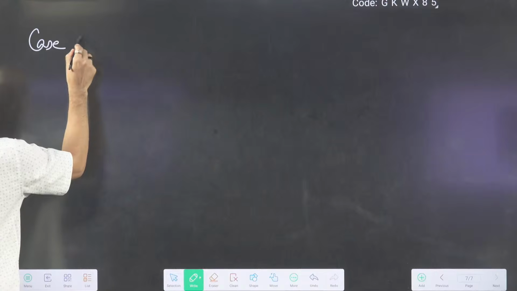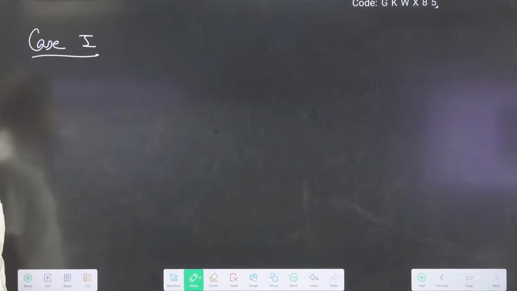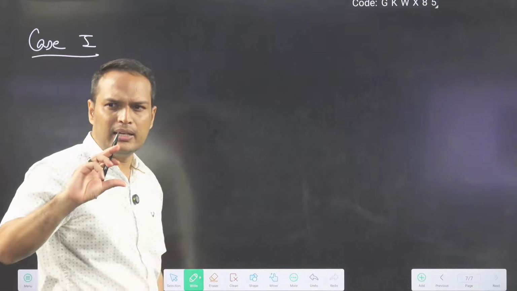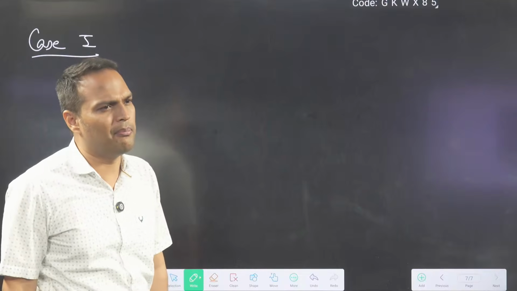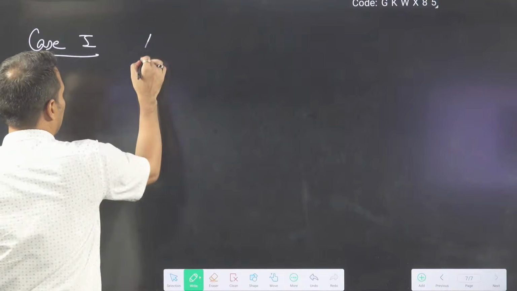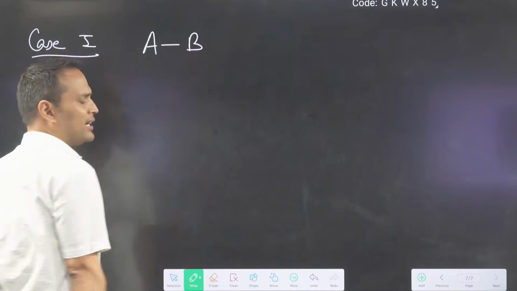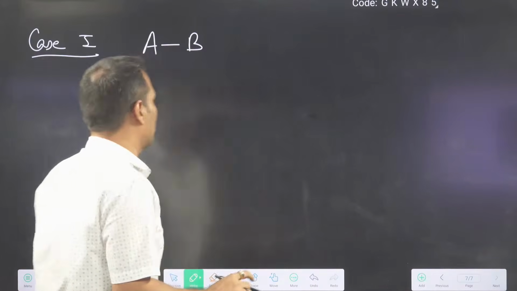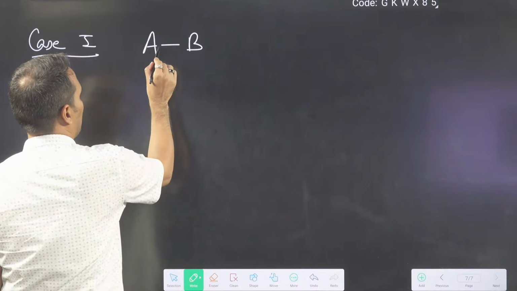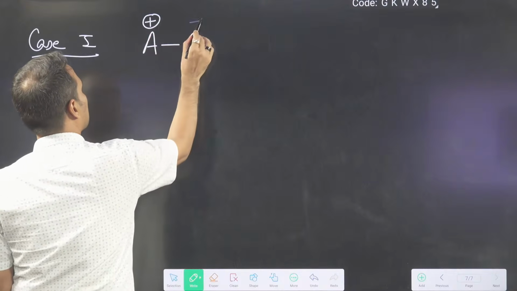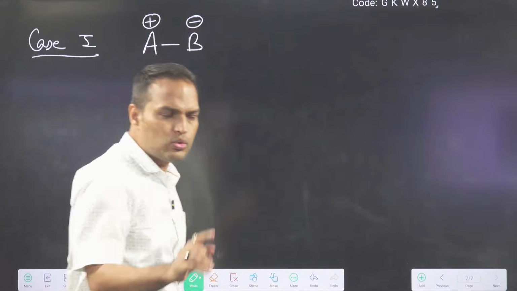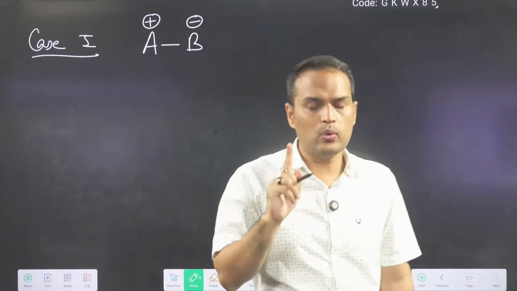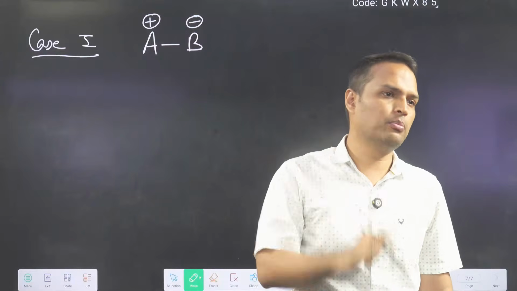So we are generating 3 cases where we can replace a normal bond by a coordinate bond. Case 1. Suppose in a Lewis dot structure you have a structure where a bond is there and plus and minus charges are there. In place of this, you can write a coordinate bond.